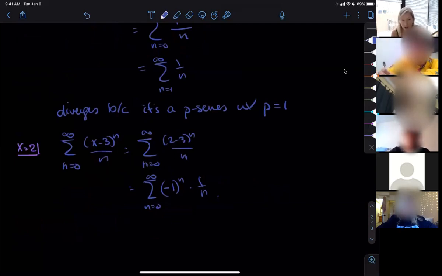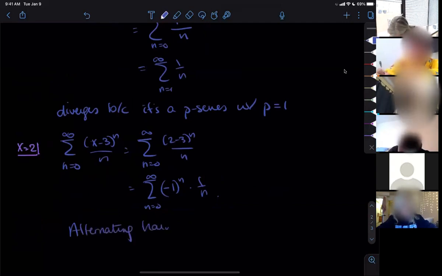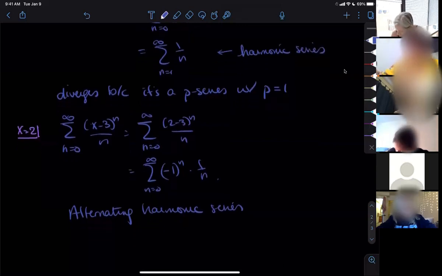Alternating? Yeah, alternating. It's alternating, but specifically it's the alternating harmonic series. When p is 1, this is the plain old harmonic series, and then this is the alternating harmonic series.